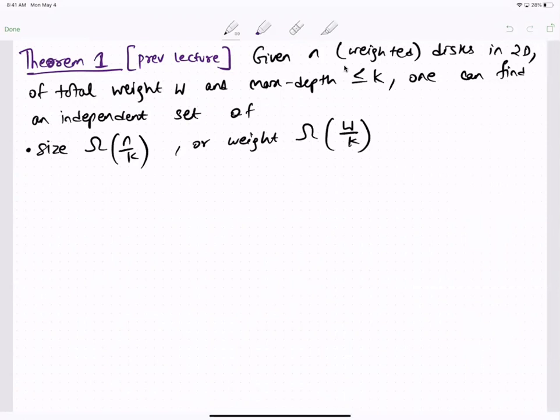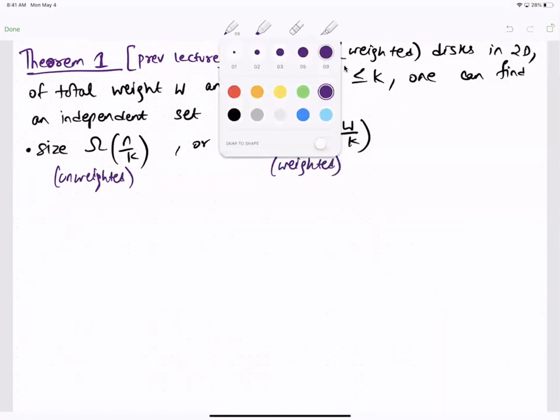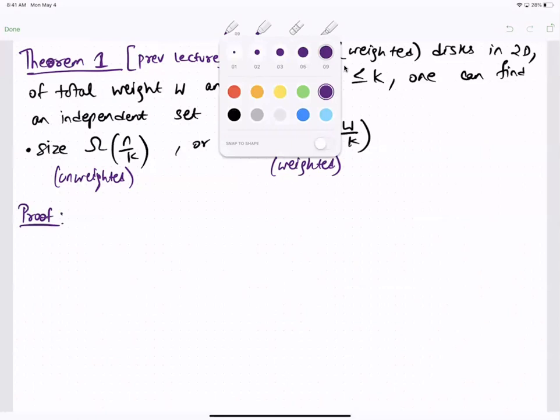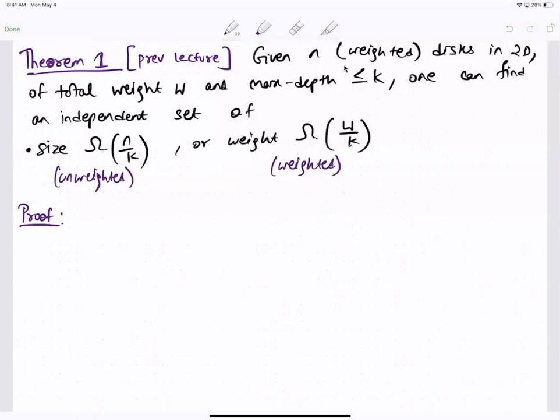This is kind of obvious, but I'll prove it anyway. We just have to combine corollary 1 and lemma 1.